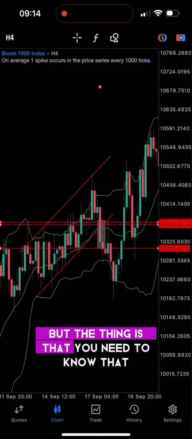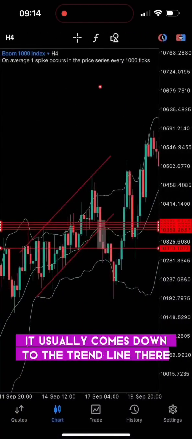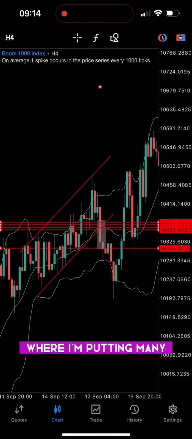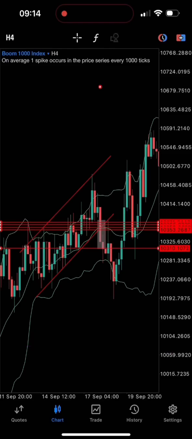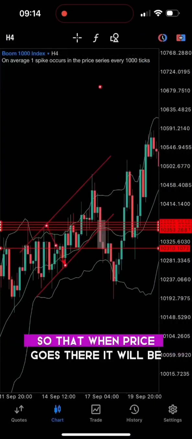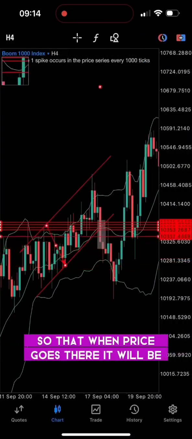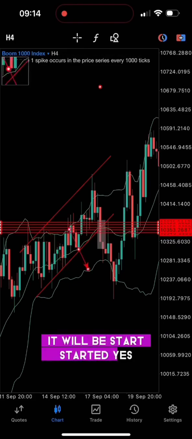But the thing is that you need to know that it usually comes down to the trend line there, where I'm putting many lines. So you might also need to put your sell stop there, so that when price goes there, it will be started.